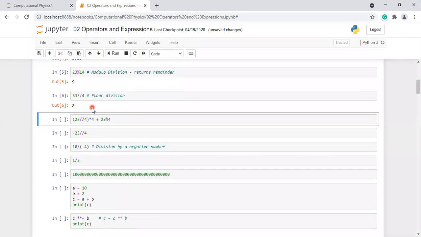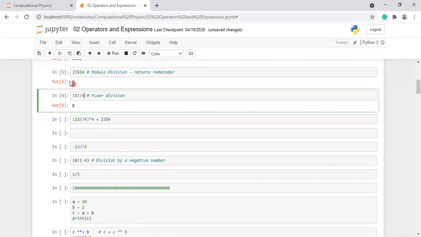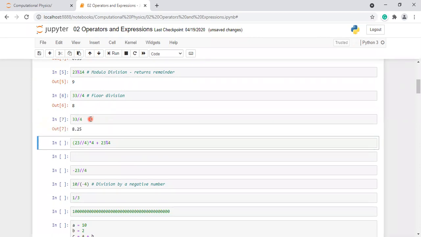Let me write it here. 33 divided by 4, shift enter. When 33 is divided by 4, we should get 8.25. But when we use the division sign slash 2 times, it is called the floor division.